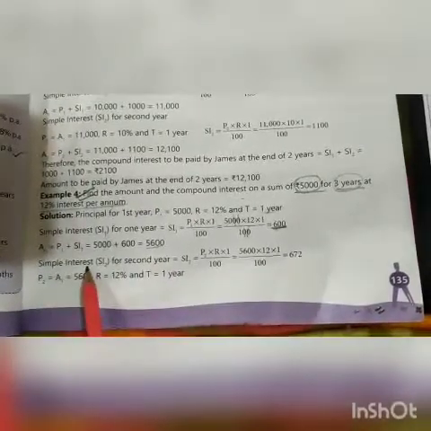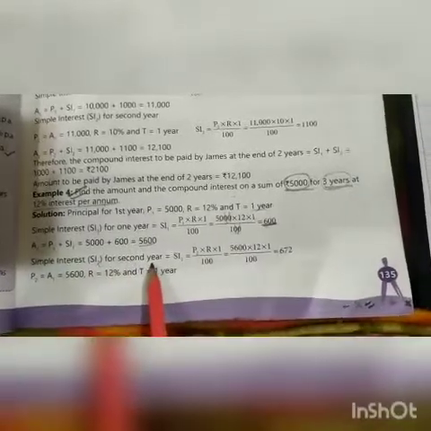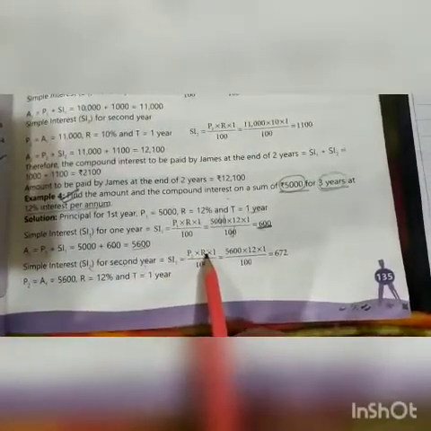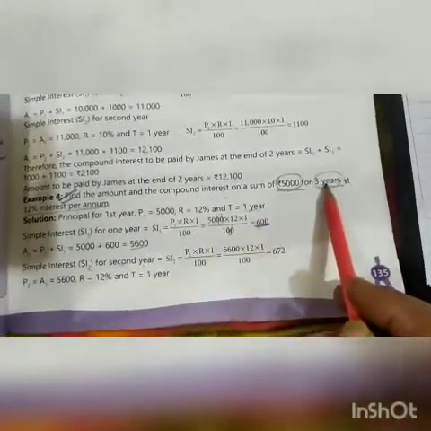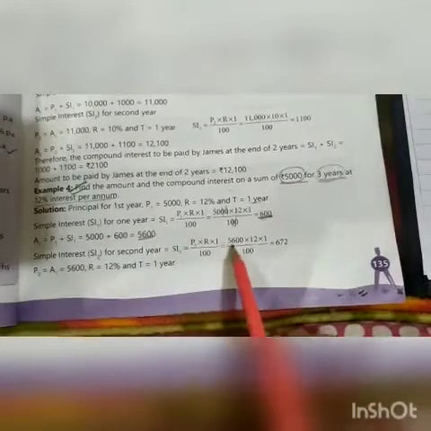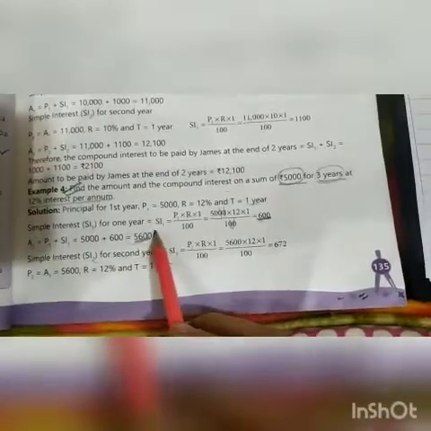So SI2, simple interest for the second year, is equal to P2 into R into T. T again we will take as 1, because we will find interest 3 times, taking 1 year each time.